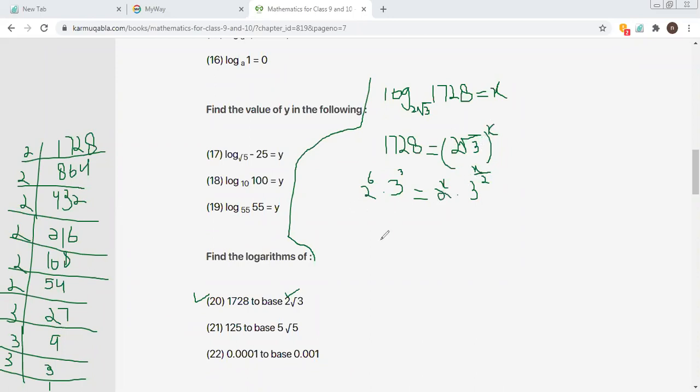Now, class, this is the time to compare the powers separately. First we compare the power of 2, so we will write x is equal to 6. This is the value of x for base 2. Now compare the power of 3.